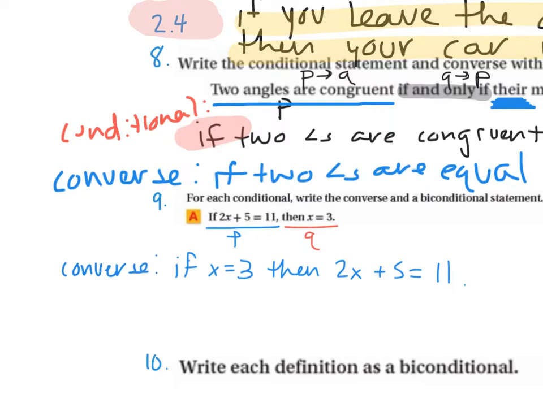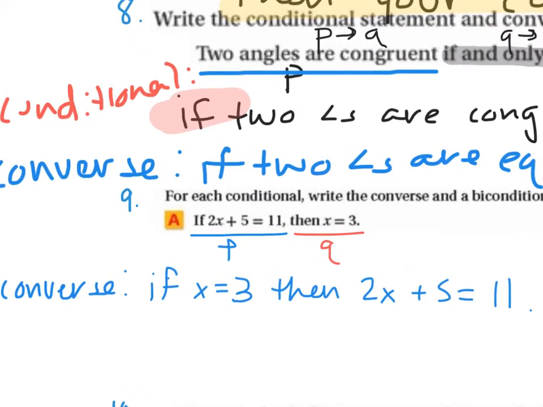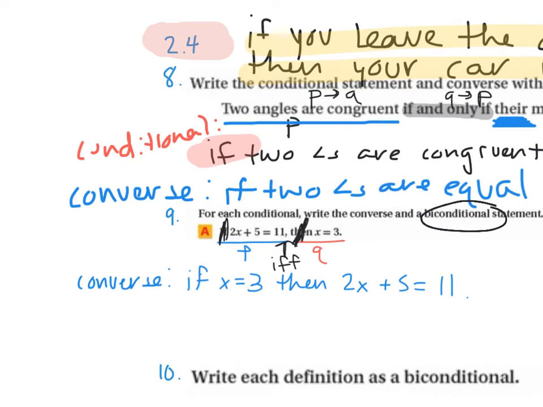Now we need to write the biconditional statement. In the biconditional, we just drop the if and the then, and in the middle we put if and only if. Remember, the biconditional needs an if and only if, which is abbreviated by IFF, in the middle.